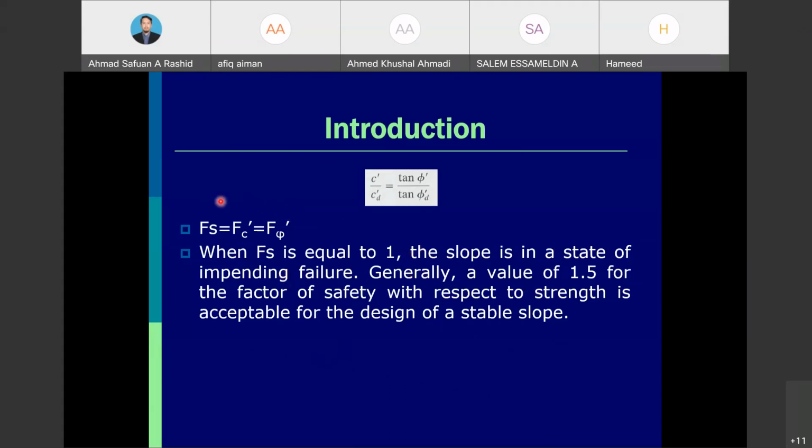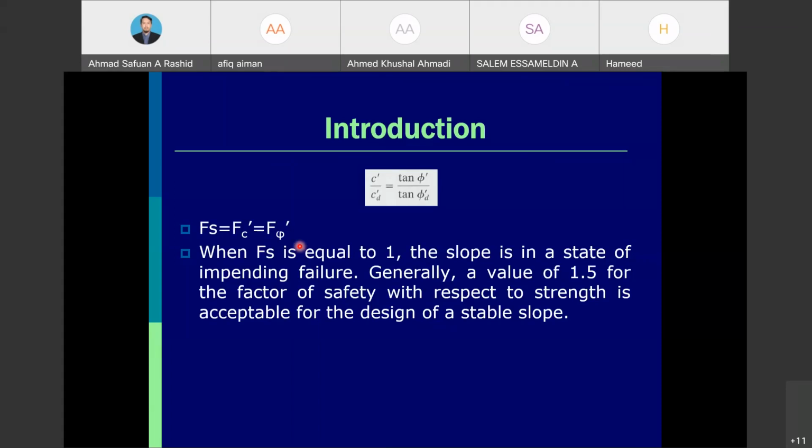This approach we may use for the linear methods. There will be other methods where they use the concept of FSc and FSφ to determine the factor of safety for finite slopes, by using the linear approach methods.